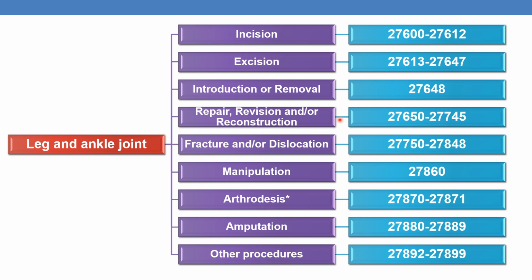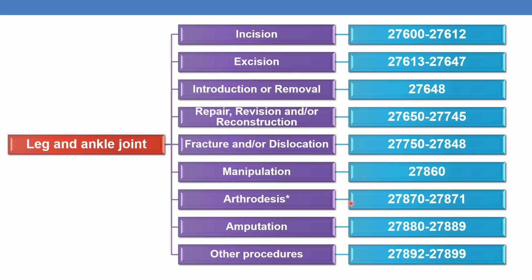Coming to repair, revision and or reconstruction, the CPT range is 27650 to 27745. And for fracture and or dislocation, the CPT range is 27750 to 27848. And for manipulation, the CPT is 27860.